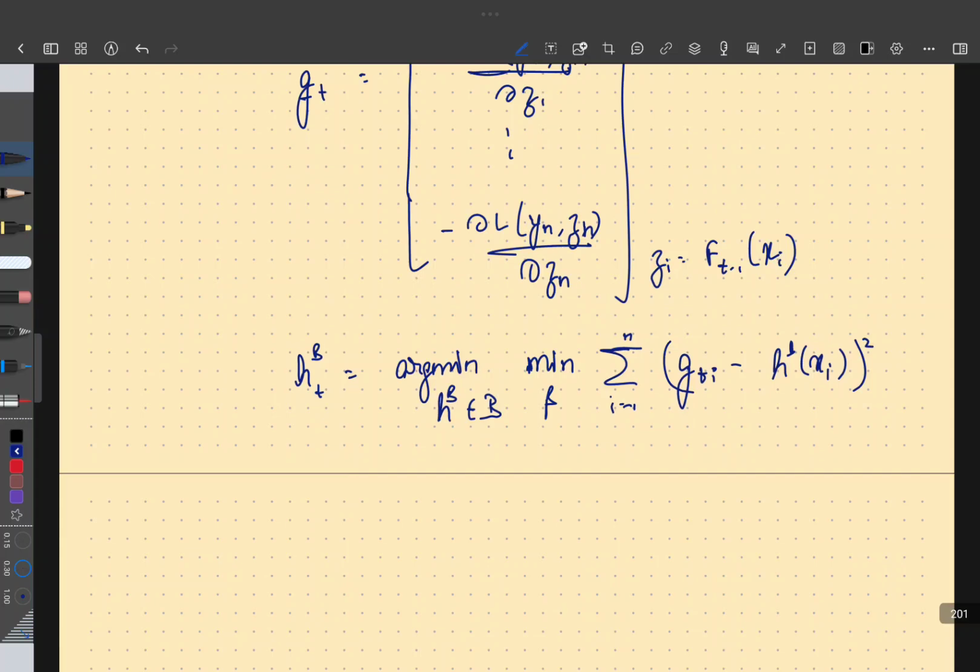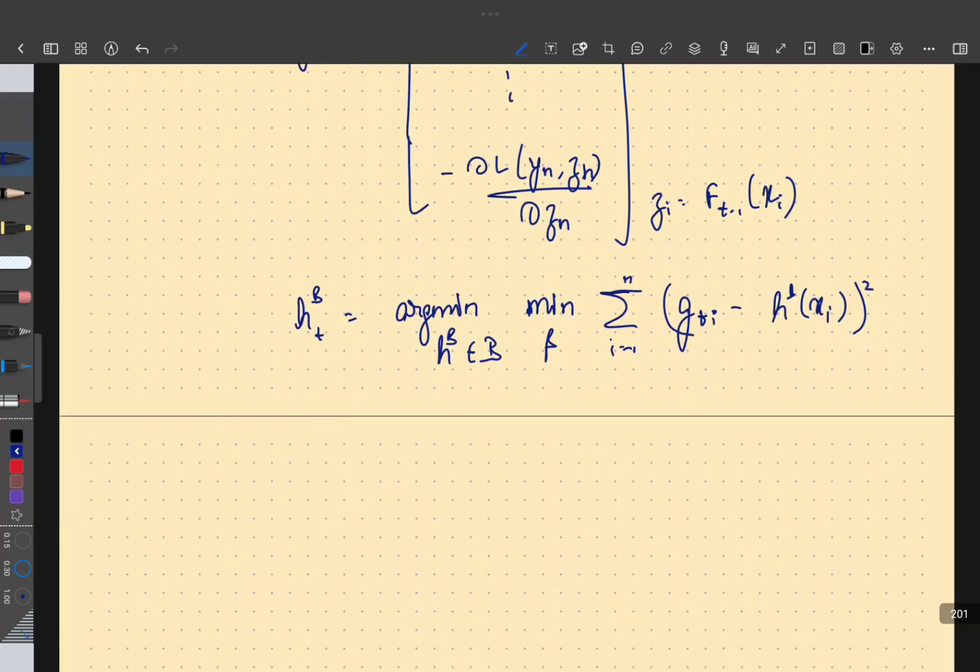So to find h t b, we're actually solving a regression problem, but the regression is done with respect to the gradients at each step.